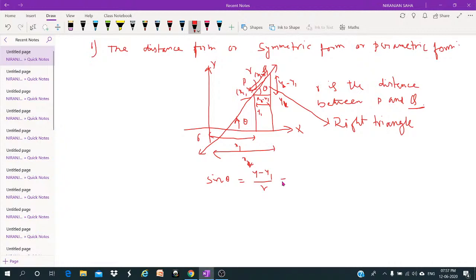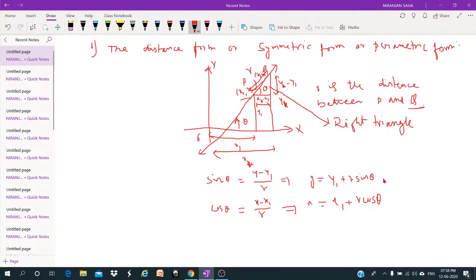Then it can be written in this way: y will be equal to y1 plus r sine theta. And what will be cos theta? Cos theta will be x minus x1 by r, so x is equal to x1 plus r cos theta.